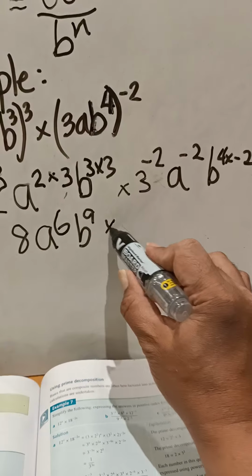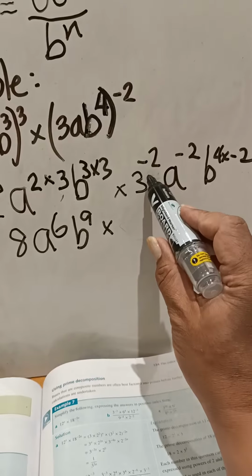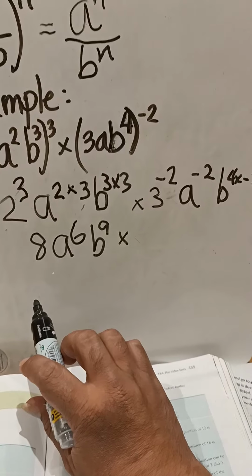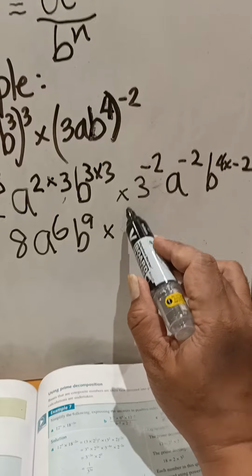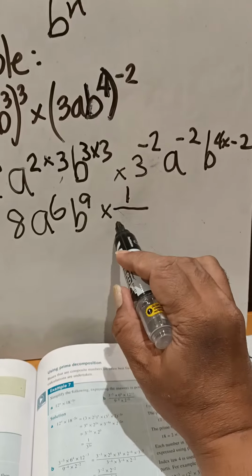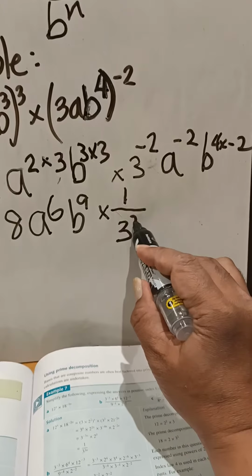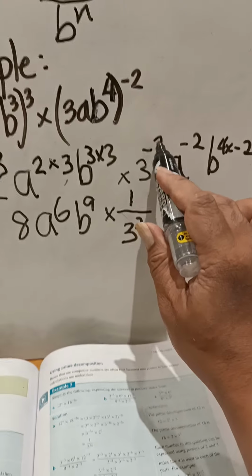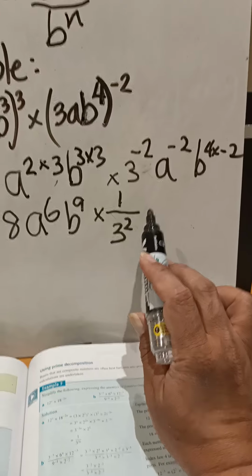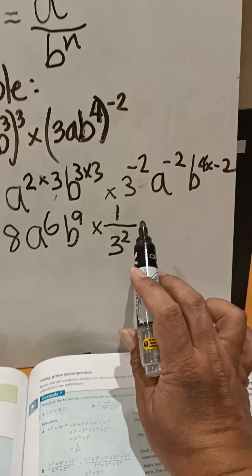Times 3 to the -2 would be, if you simplify that, 1 over 3 to the power of 2. I want to make the exponent positive because it's easy for me to simplify. You don't have to do that. If you have another method, that's fine.